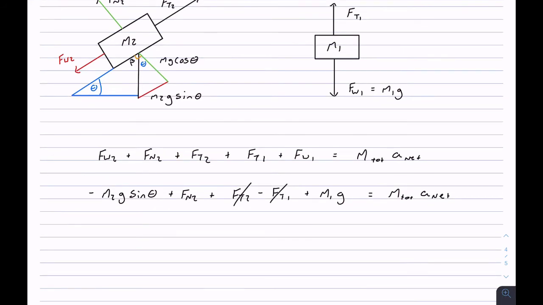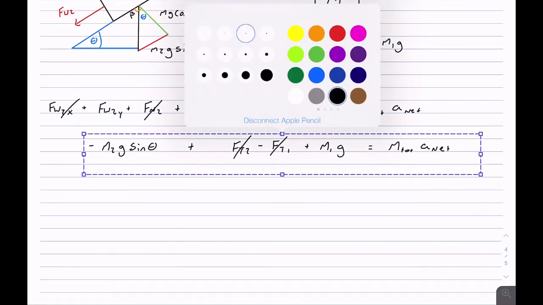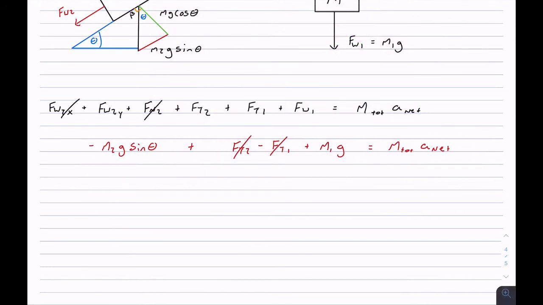So we have FW2, we'll say that's just X and Y. So these cancel as well. So that means that this goes away, and we're just left with this here. Okay?